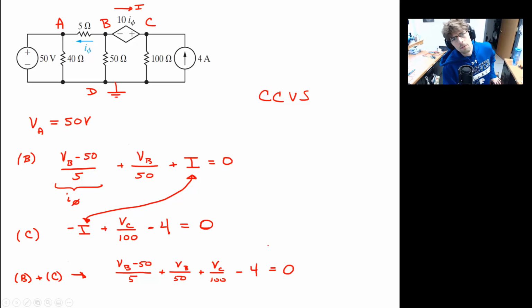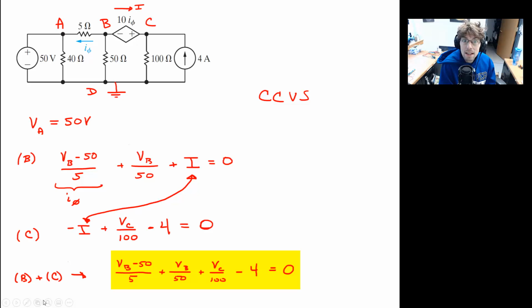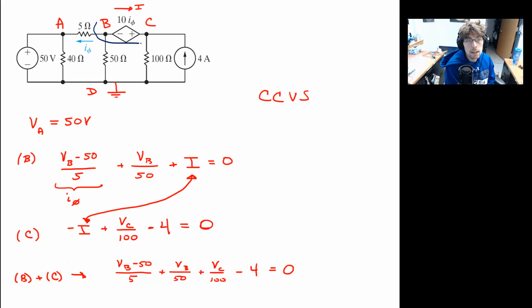Now that in itself might not seem too impressive. Here's the piece that I want to emphasize. Okay? If I look at this resulting equation, it is as if I had nodes B and C and combined them together into a single node. You see that? Right, what do we have?